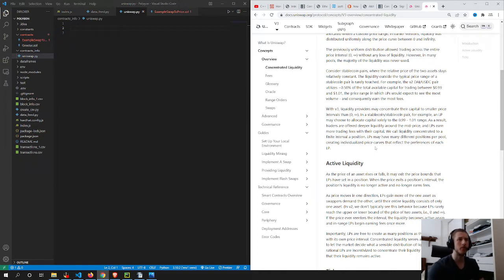So Uniswap contains several liquidity pools, from what I understand by this. And each one has individualized price curves that reflect the price of each one, which can be in specific ranges in order to maintain the relationship between the coins.